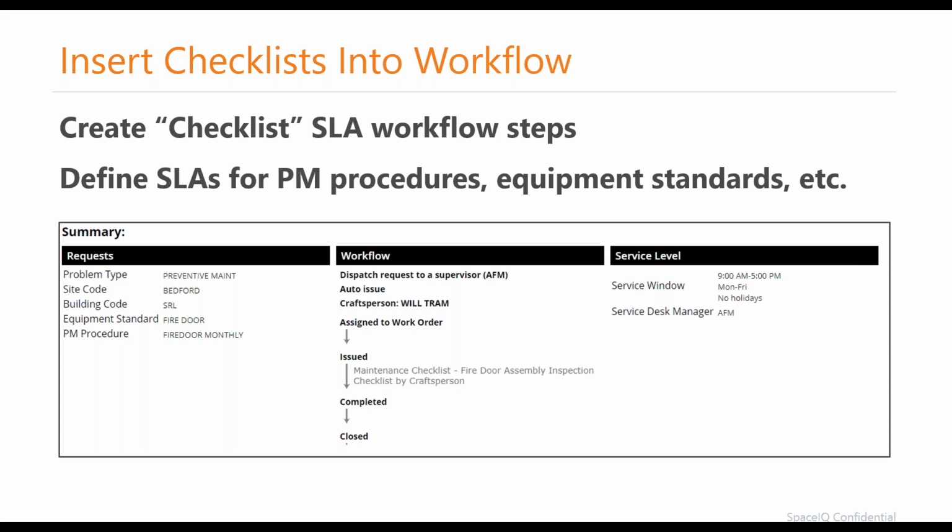You can tie those SLAs, as those familiar with SLAs know, to PM procedures, to equipment standards, to locations or buildings, anywhere that SLAs are used. These workflow steps are also available. This allows us to be a little more flexible with inserting those questionnaires into the workflow and providing, for example, more than one workflow step per SLA. You can have 2 or 3 different checklists for the same workflow.